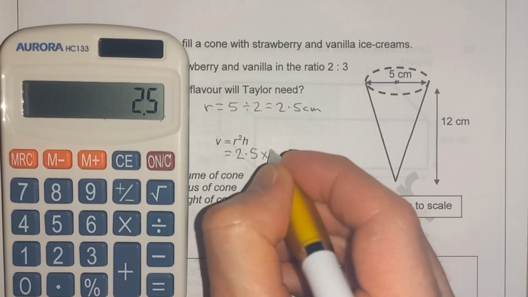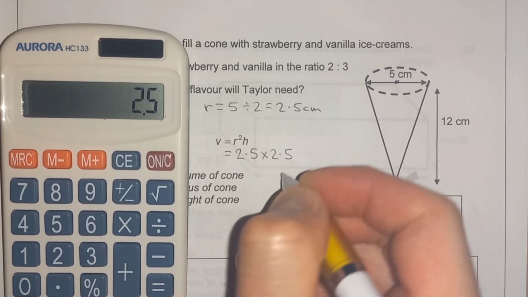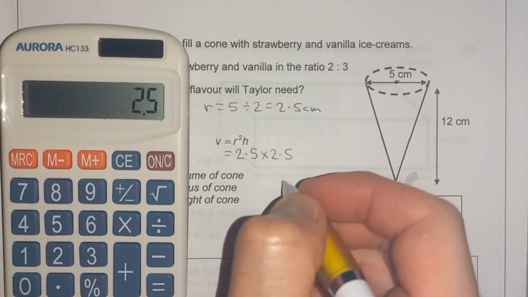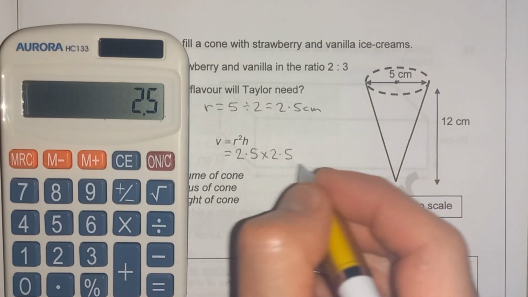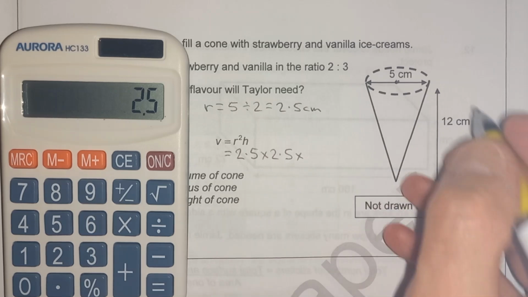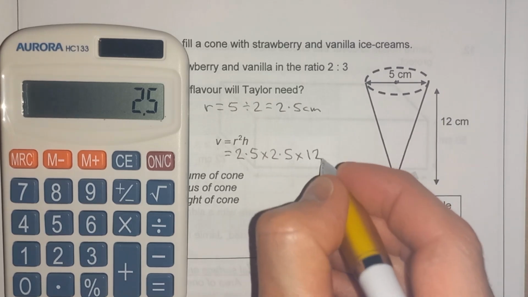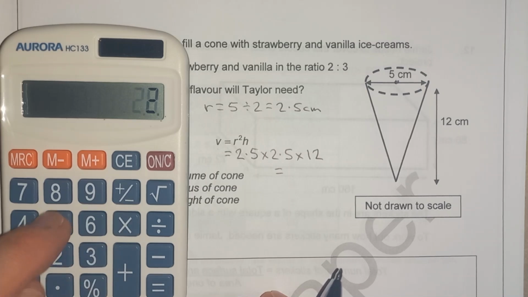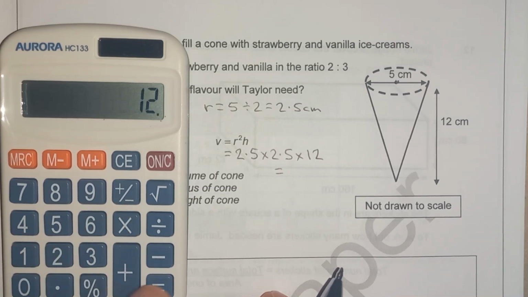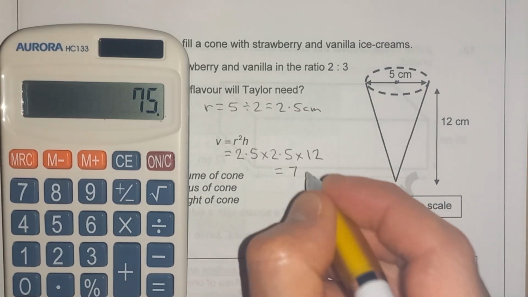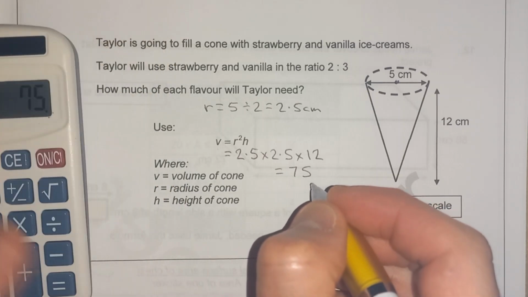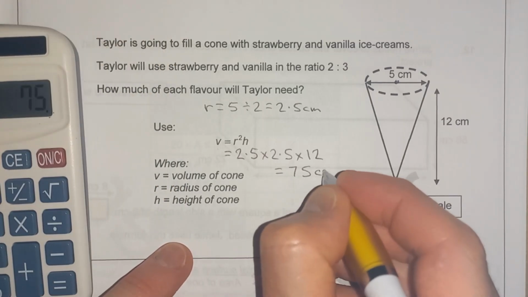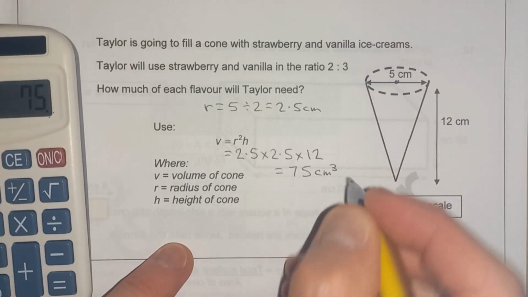Squared means multiply it by itself, so another 2.5. And then we want to multiply it by H, which is the height. So 2.5 times 2.5 times 12, and we get 75, and that is going to be in centimetres cubed, because that's the volume.